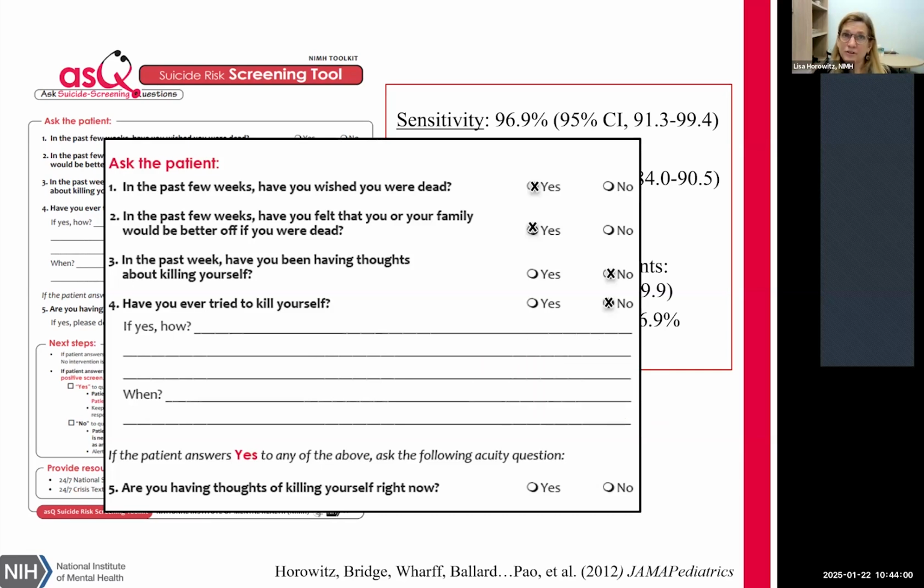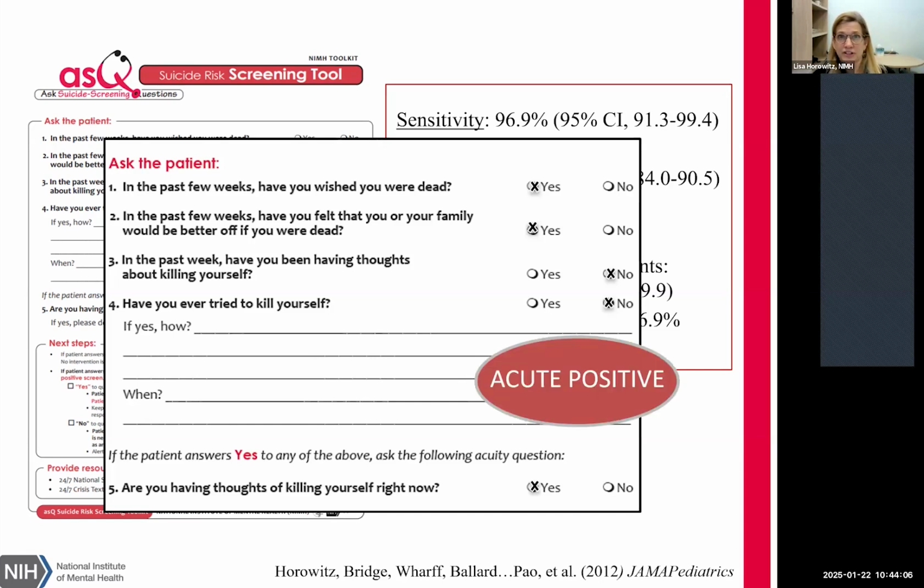However, it's important to be ready for that yes to Q5. That's the acute positive. That's the emergency. So again, as Dr. Endeforn said, the acuity in the native population is higher, and so we're ready more often for the acute positives, but it's still the majority of the positives are non-acute.